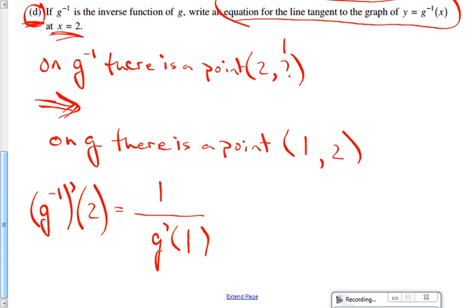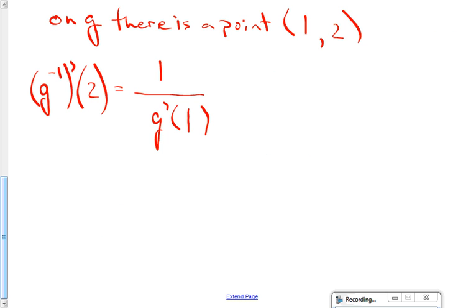Why do we do 1 instead of 2? I did this last hour, or maybe earlier this hour. I have some point on G, 1, 2. That's on G. I have some point on G inverse, 2, 1.